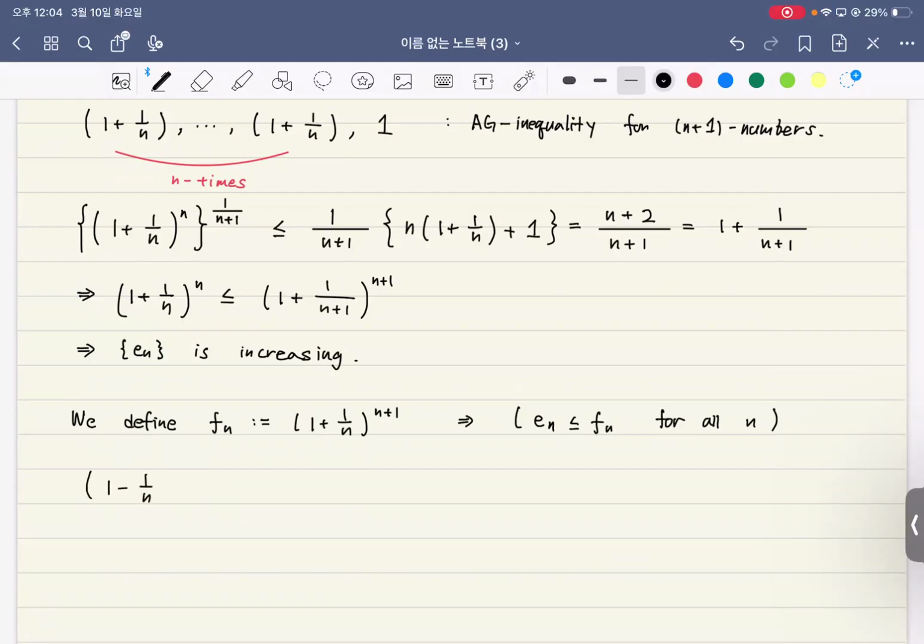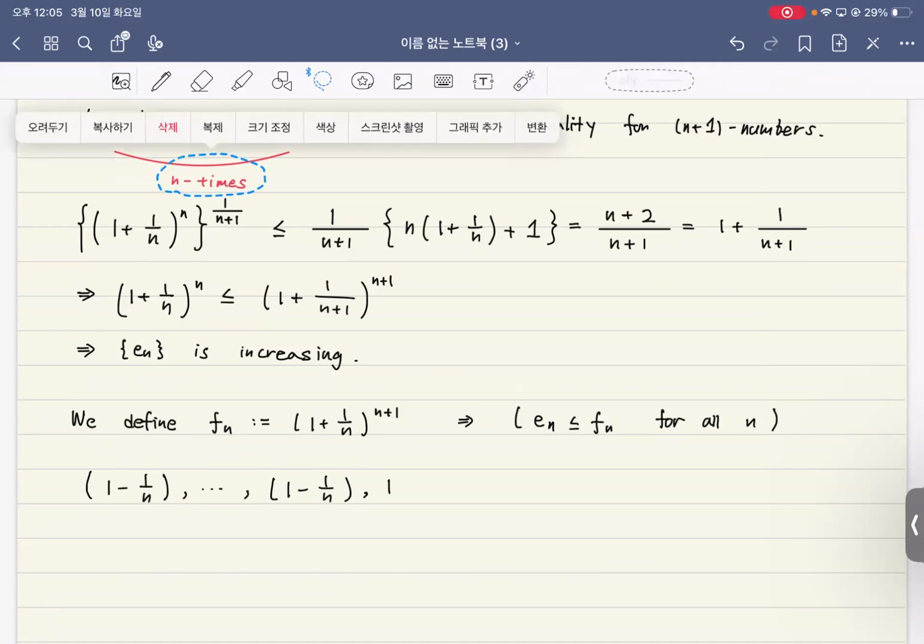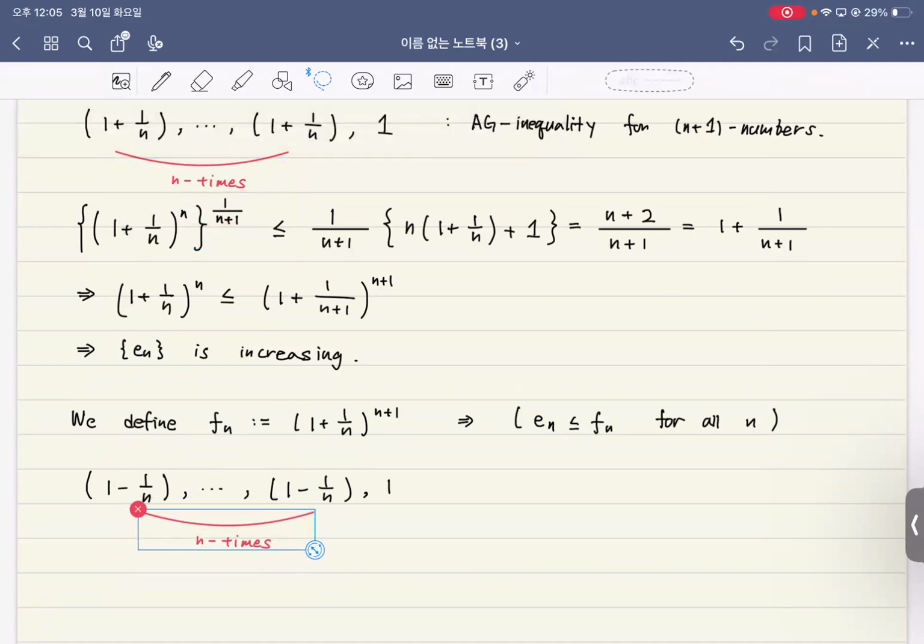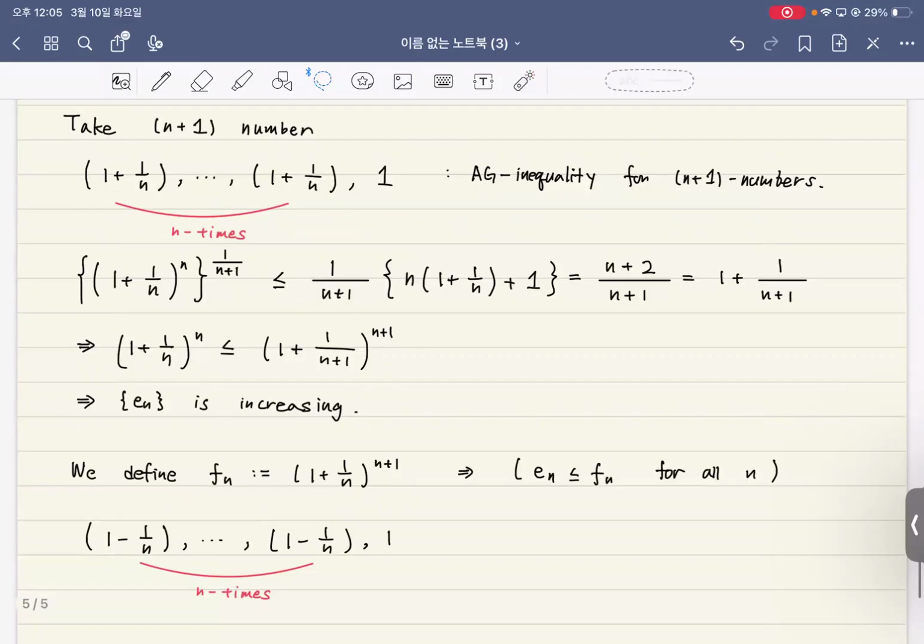This time, I want to consider these numbers. Again, these are n plus 1 numbers. So we have the same numbers, but this time, 1 minus 1 over n, and with 1 additional 1. I want to apply the AM-GM inequality to these numbers.